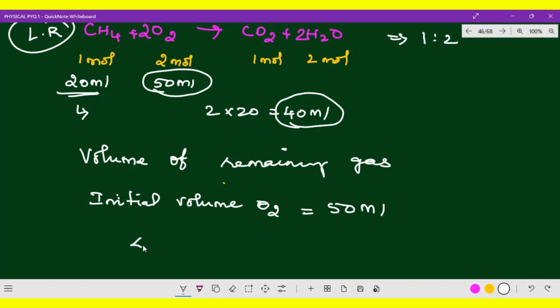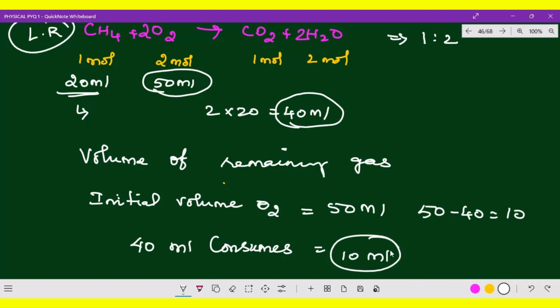So what remains? 50 minus 40, it is 10. 10 ml is remaining, right?